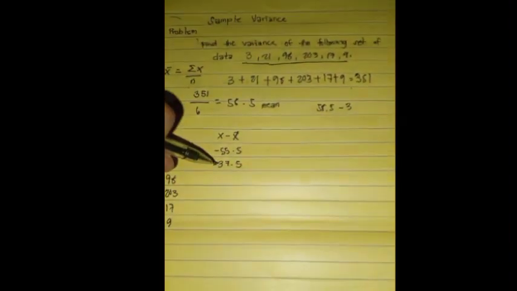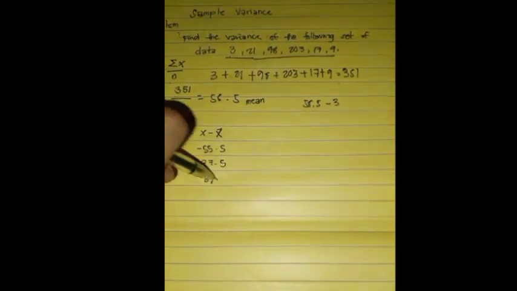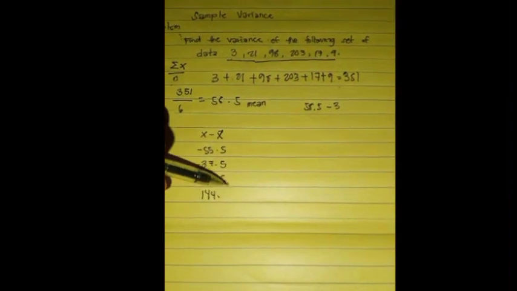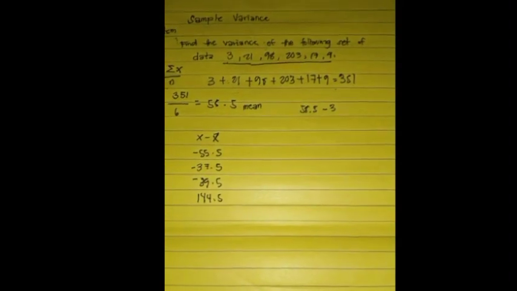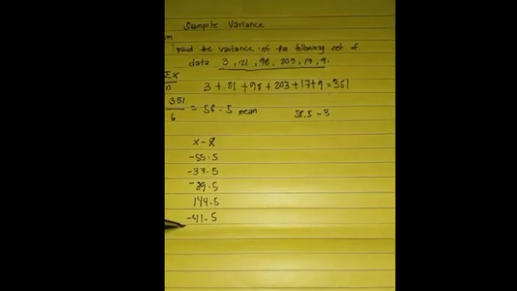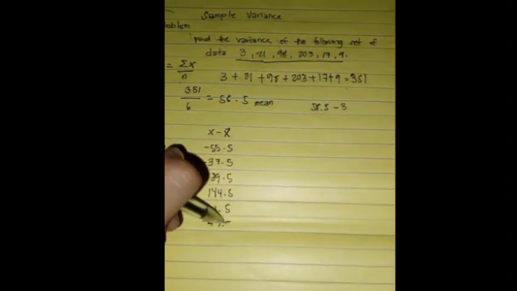Repeat the process. We get here negative 37.5, 39.5, 144.5, negative 41.5, and negative 49.5.